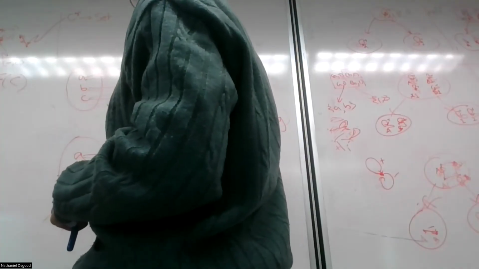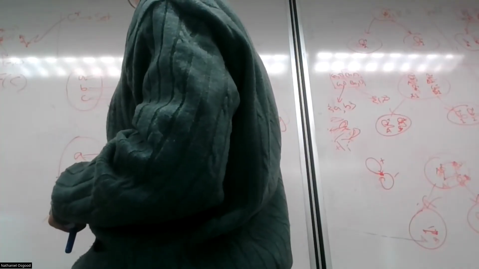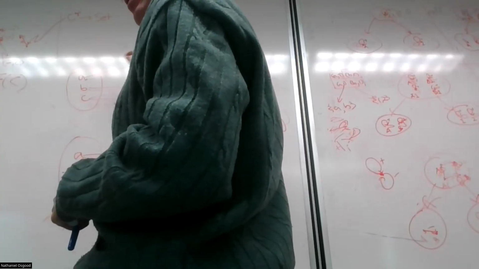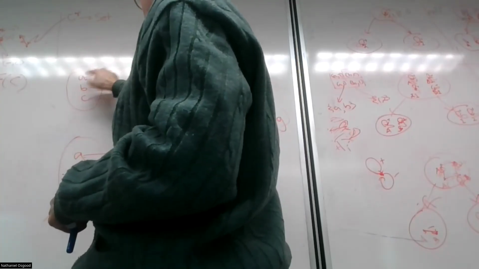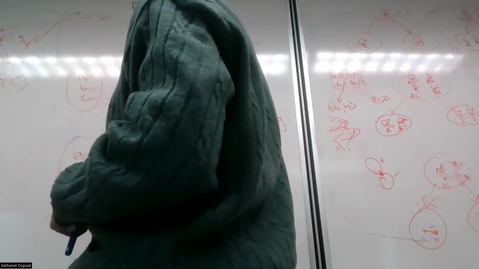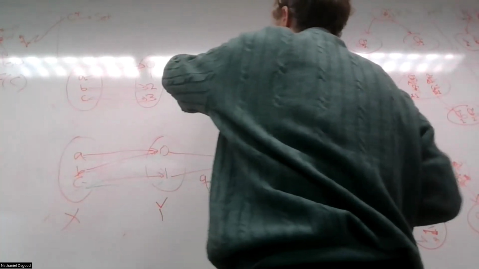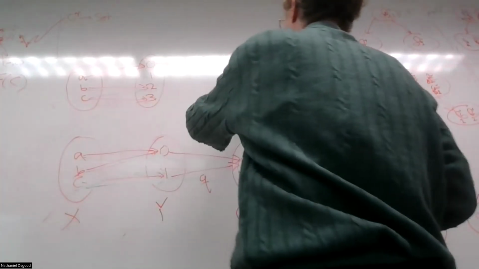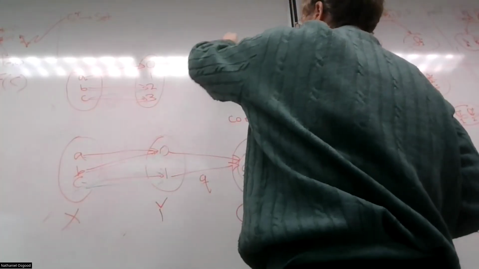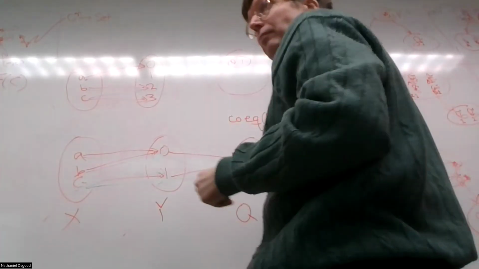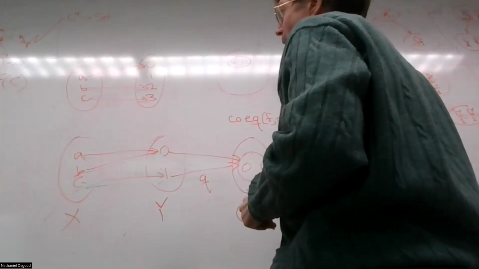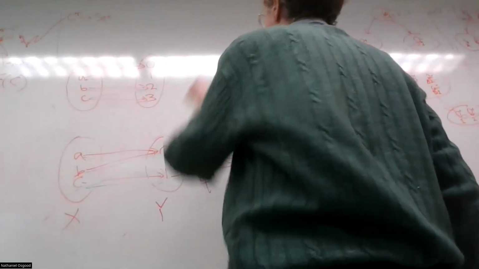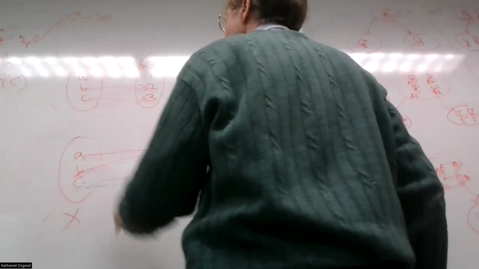So 0 and 1 are considered in the same equivalence class because f maps a to 0, g maps a to 1. So we'll start building up our equivalence classes here. We'll see how many there are, but I'm going to have one equivalence class which has at least 0 and 1 in it. Possibly I should have left more room.